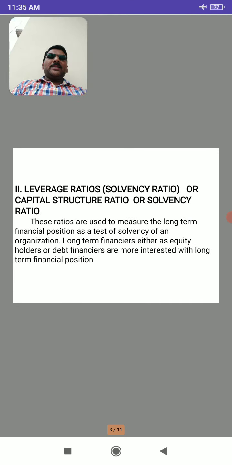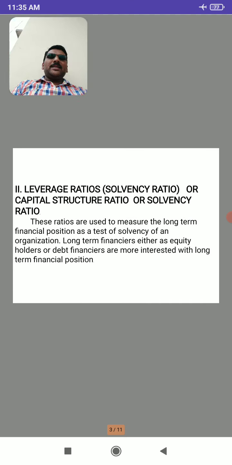In the first session, we saw what a liquidity ratio is, how it is calculated, and what the types of liquid ratios are. There are four important types of liquid ratios: the current ratio, quick ratio, absolute liquid ratio, and last was the stock to working capital ratio. Like that, we have seen the four important classifications of liquidity ratio.